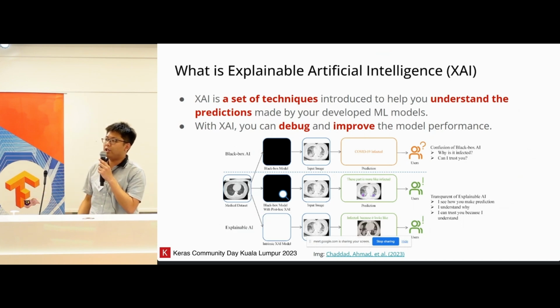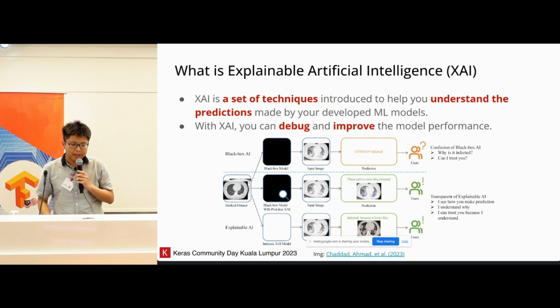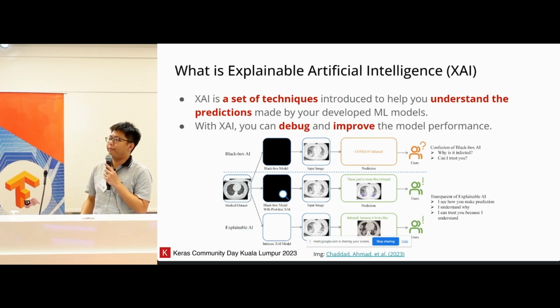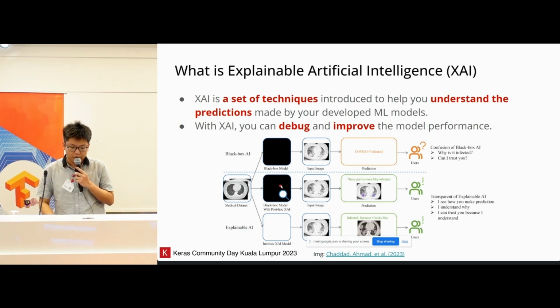So if you are using a decision tree, this model is able to explain something, or it can be interpreted easily. So I would say a decision tree is an interpretable model, or an intrinsic XAI model itself, because inside the model it already contains this capability. Whereas for some other models like ANN, you are not able to do this. So you need additional techniques to help you validate these models.